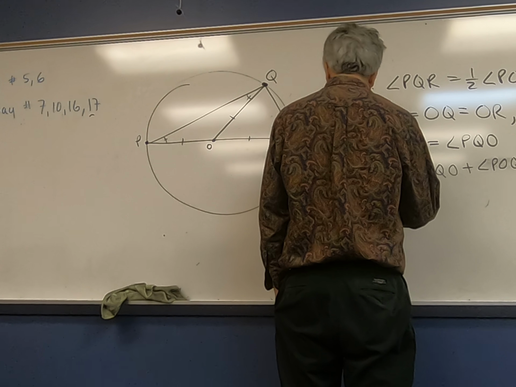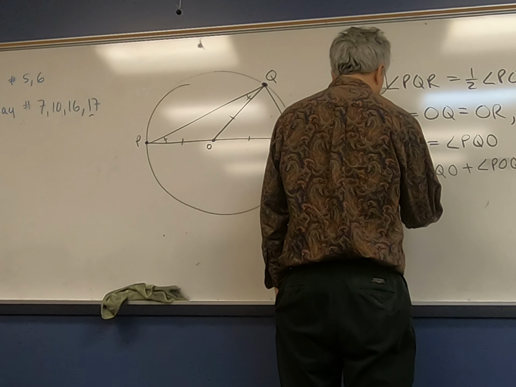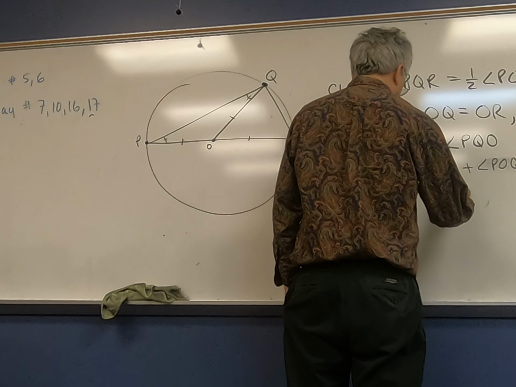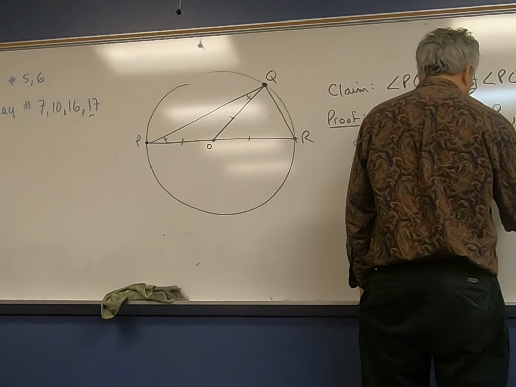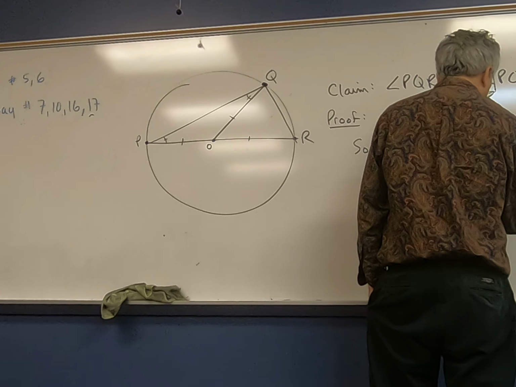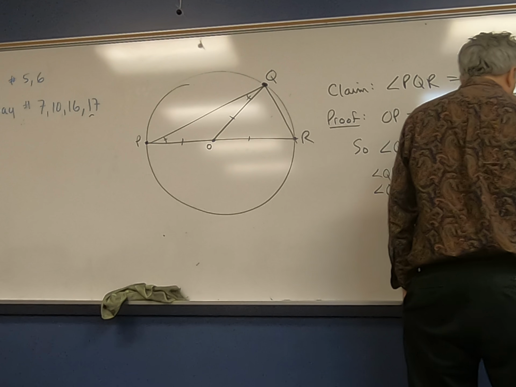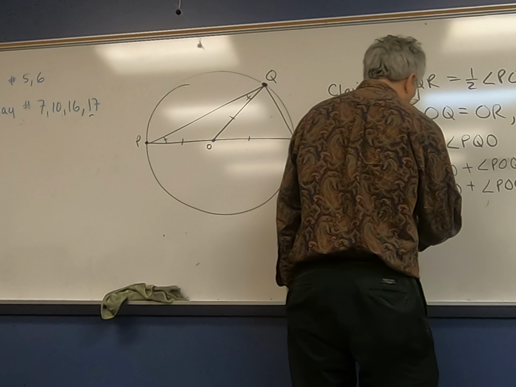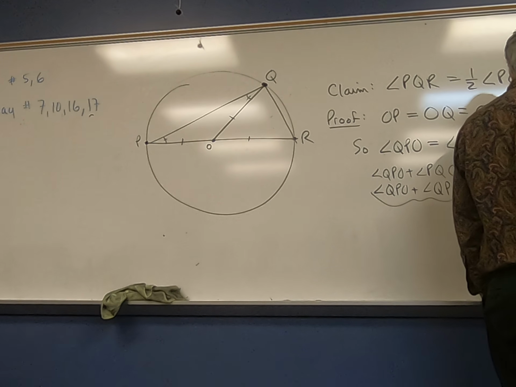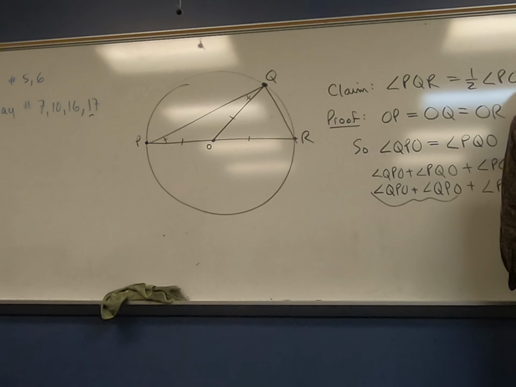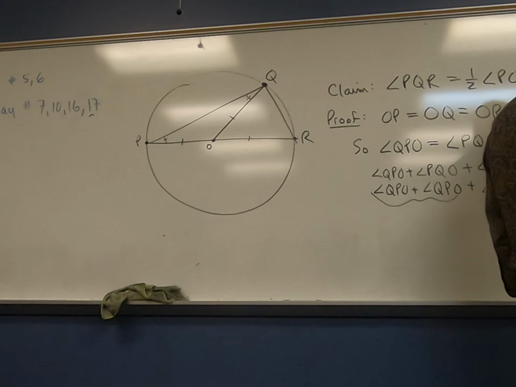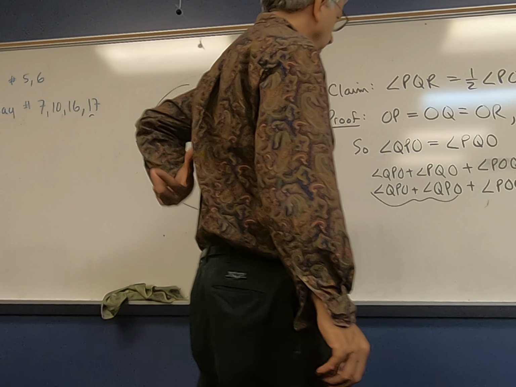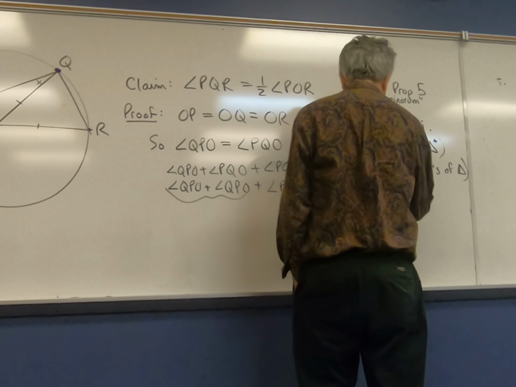So I'm going to say QPO plus QPO plus angle POQ is 180 degrees, which then I can combine as a single thing. So this is the sum of the interior angles of any triangle. That's my abbreviation for that. And then this is by substitution.